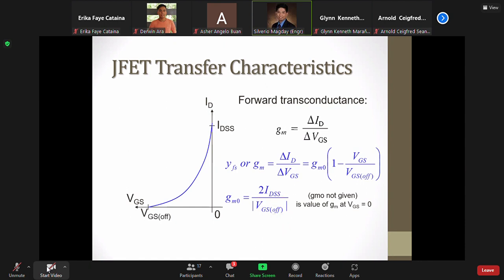Most of the time negative kasi yung VGS off or your VP. To solve now for the transconductance. So your GM is at maximum when your VGS is at 0 and minimum when it is given at VGS off, or your VP, your pinch-off voltage.